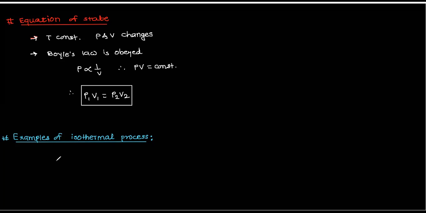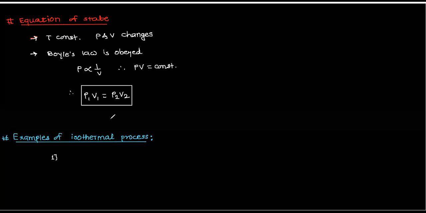Let's see. Number one example I am giving. See now, when there is a state change, for example, 0 degrees Celsius ice to 0 degrees Celsius water, boiling of water, 100 degrees Celsius water to 100 degrees Celsius steam, temperature remains constant, right? Yes or not?